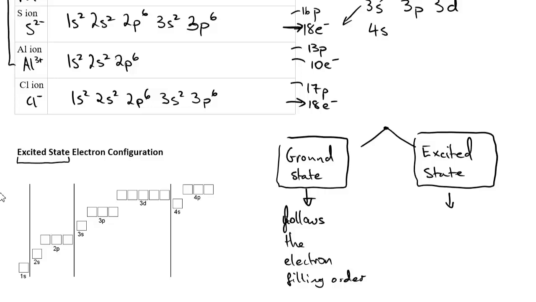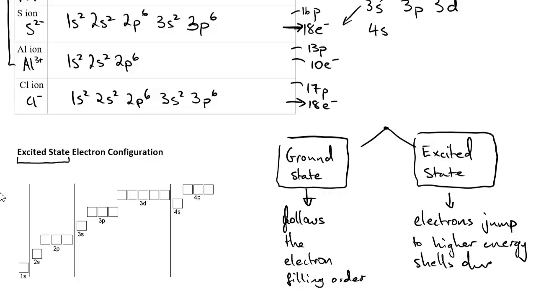Okay, so excited states is when electrons jump to higher energy shells due to external energy.